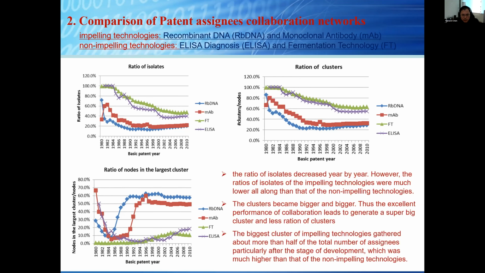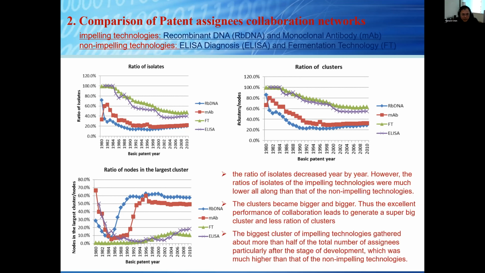These two technologies are important, even though they cannot be like the human life ones, but their contribution to the progress of life science is not as strong, it's lower than the former impelling technologies.